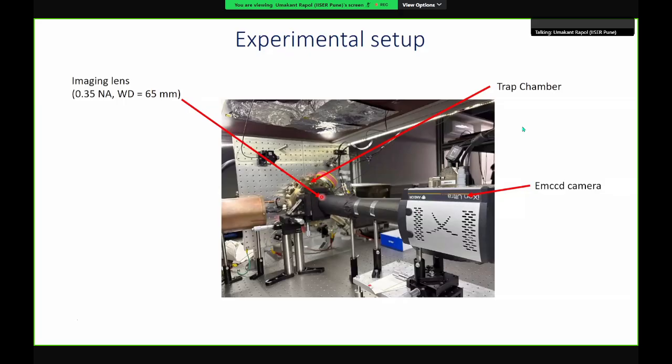Then you have a big lens, basically a large numerical aperture lens, that collects as much light as possible, and you focus it onto an intensified or electron multiplying CCD camera, or you can put it on a photomultiplier tube or an avalanche photodiode to measure the photons that are emitted from the ion.